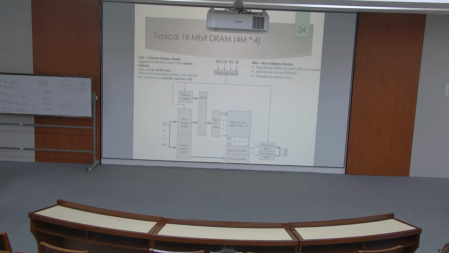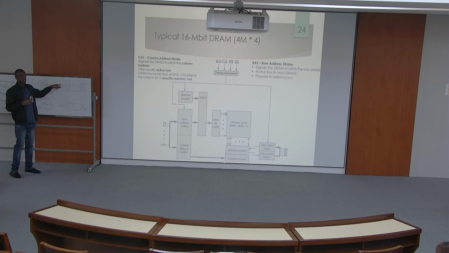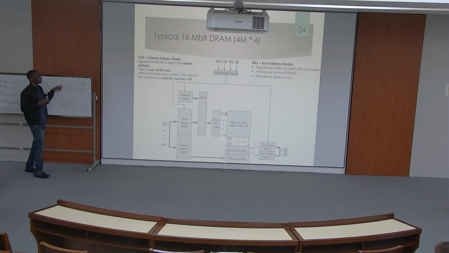What does this mean? It means our 16 megabyte DRAM has 4 million words, and each word has 4 bits.